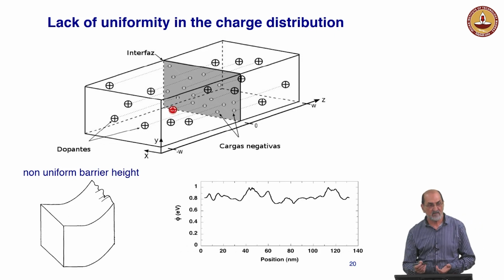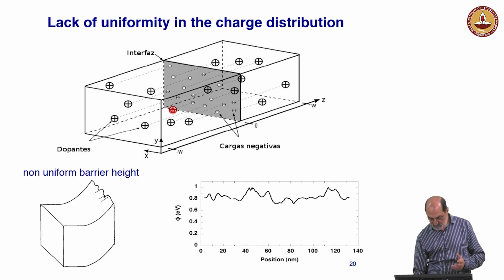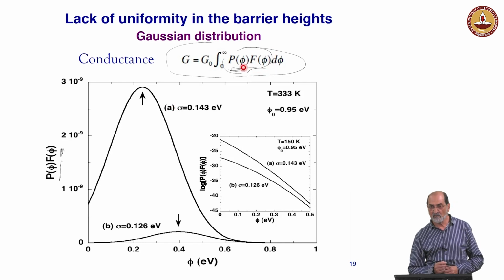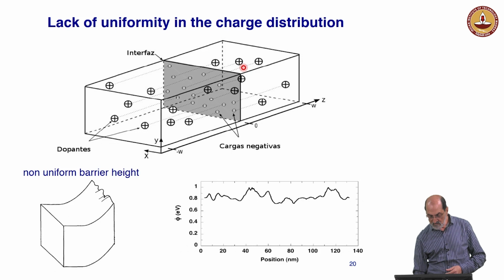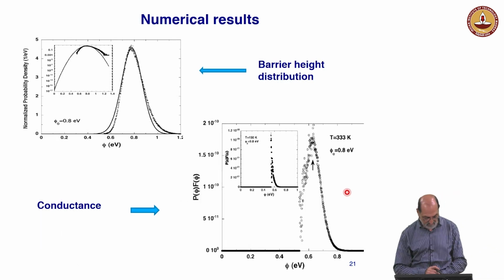Maybe a Gaussian distribution is good for small values, or it can be a good approximation if you are not taking into account this factor here, the Boltzmann factor. So this is what really happens, not a Gaussian distribution. As a consequence, here we have the detail.